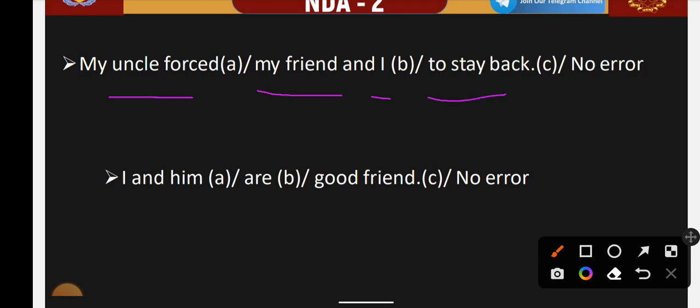How to handle this type of problem? Have you guessed any error, either in section A, B, or C? Let's check it out. My uncle is the subject of the sentence, and my friend is also a subject of the sentence.